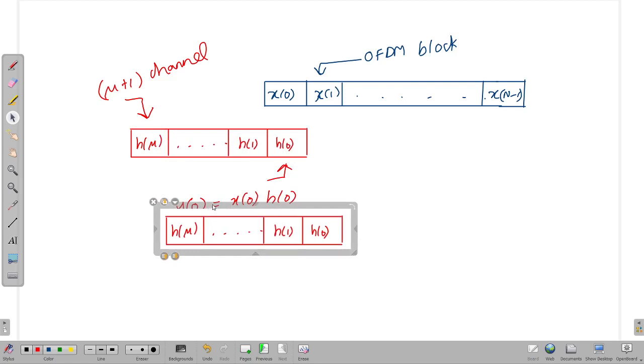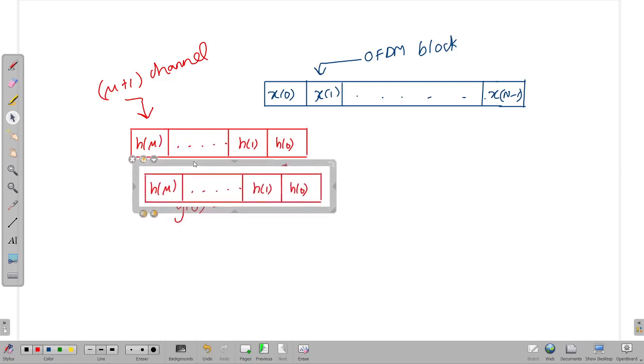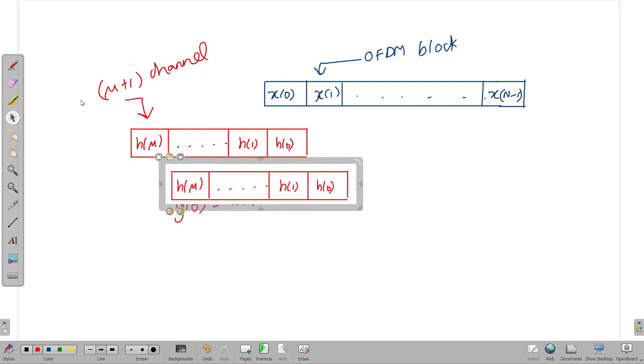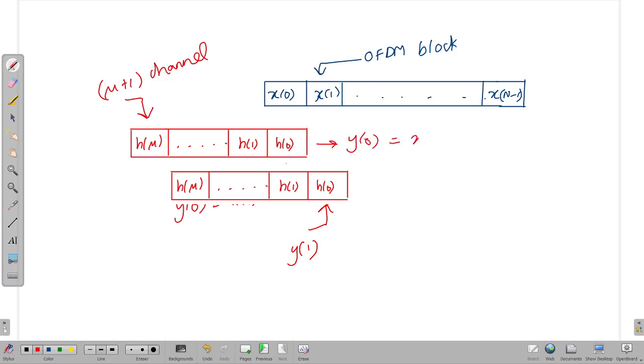For the next time instant, y of 0 is h of 0 into x of 0, and here you get y of 1, which is h of 0 into x of 1 plus h of 1 into x of 0.